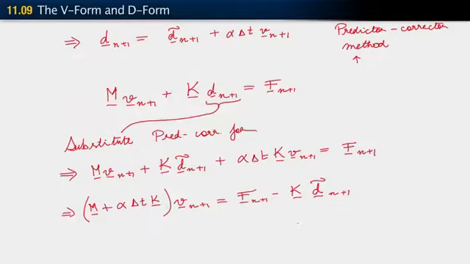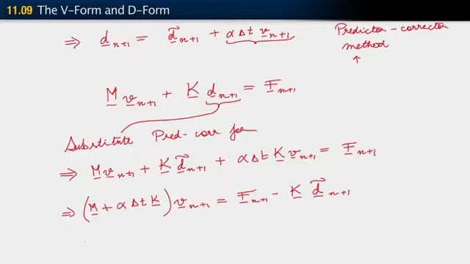Okay? We solve this equation for Vn plus 1, and we now have the corrector, right? Because then we can add Vn plus 1 from here up there, and we get the corrector step. All right?